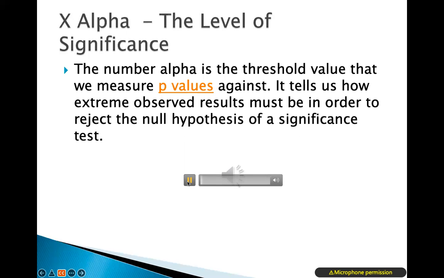So first of all, what is the alpha level? It is known as the level of significance. The number alpha is the threshold value that we measure the p-value against. So I said we were going to compare alpha levels and p-values. It tells us how extreme observed results must be in order to reject the null hypothesis that said it didn't make any difference.